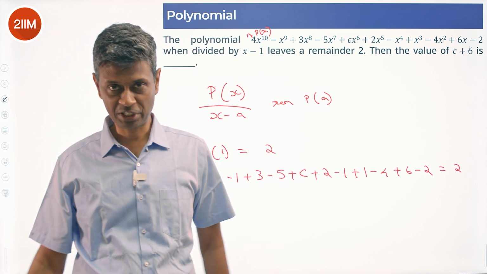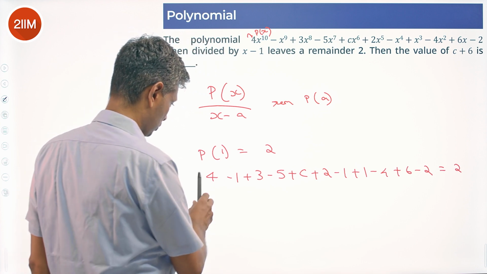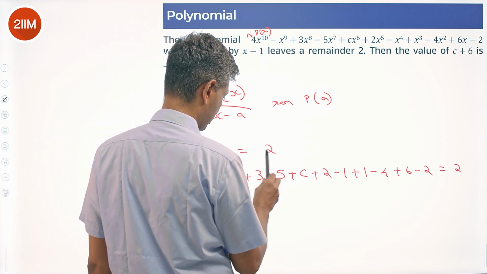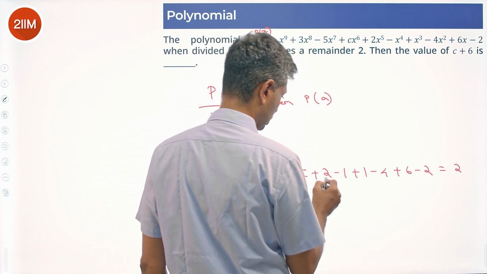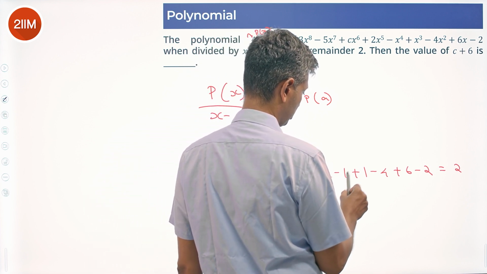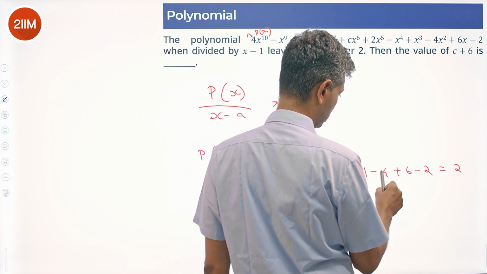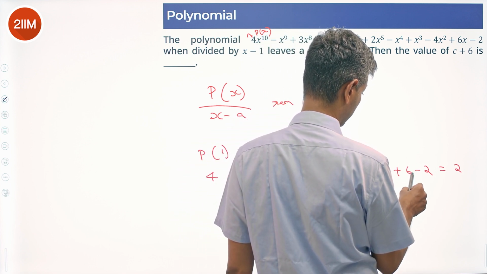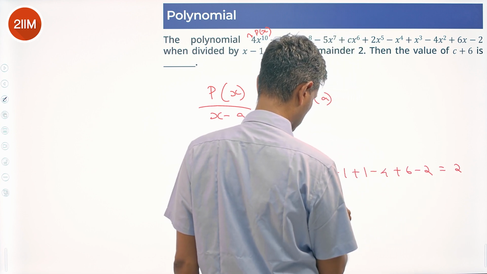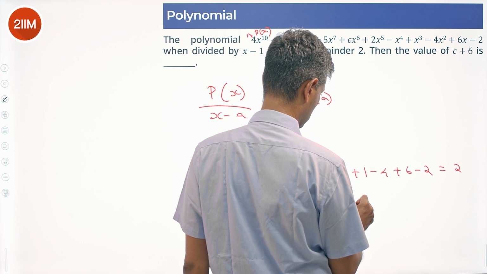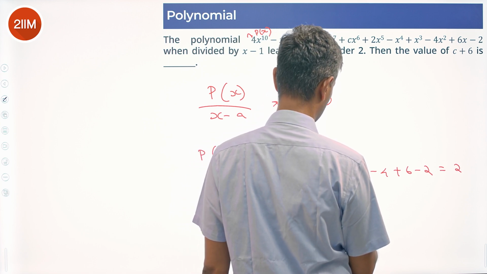Freebie question, especially in the context of the rest of this paper. 4 minus 1, 3, 3 plus 3, 6, 6 minus 5, 1, 1 plus c plus 1, 2 minus 1 is 1, plus 1, 2, minus 2, minus 2, plus 6, 4, 4 minus 2 is 2, equal to 2.